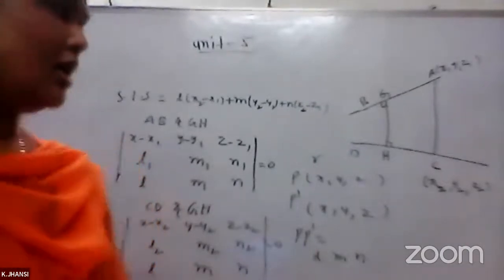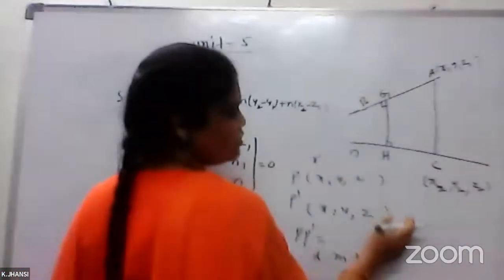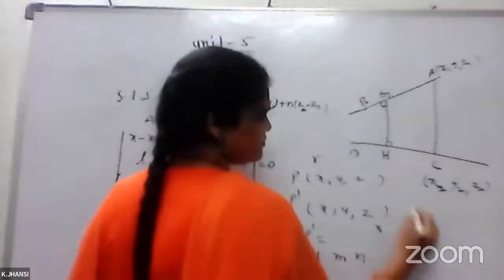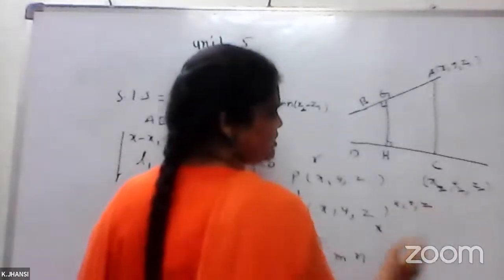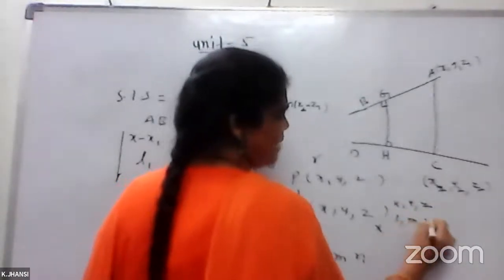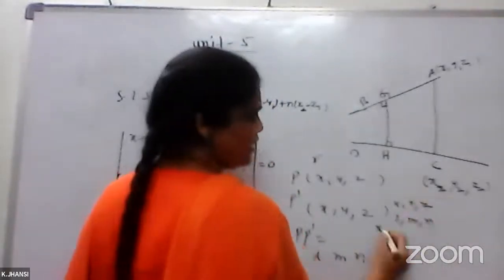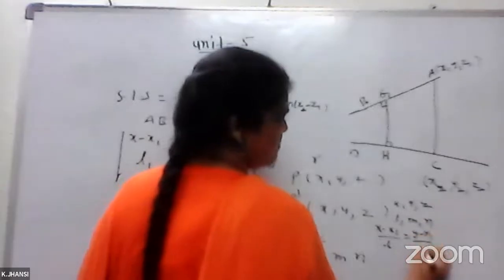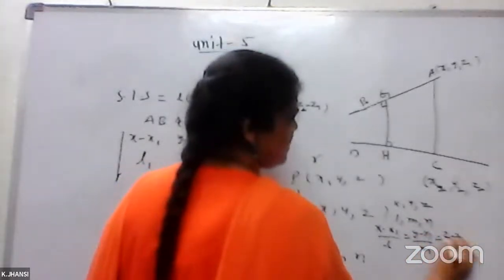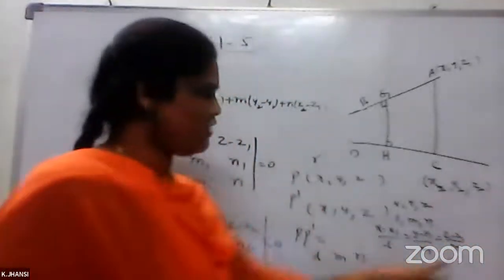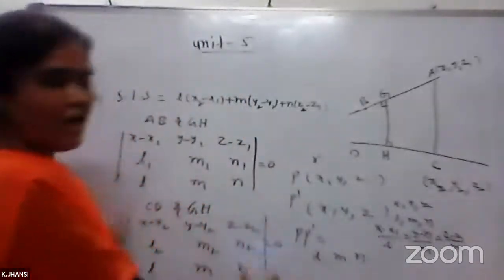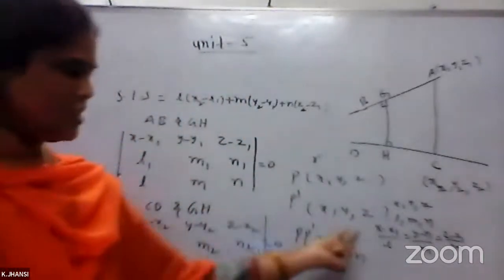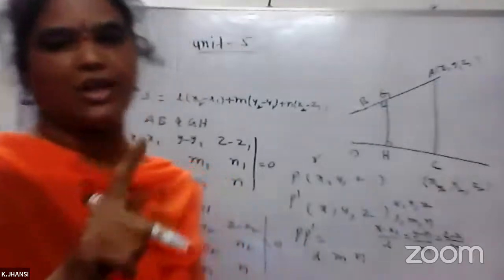If you substitute, converting from unsymmetrical to symmetrical form, you will find the x, y, z values. After that we find the L gamma, M, N values, and substitute them as L, M, and z minus z1 by N. So this is the equation. We are not substituting the values in any formulas. If you substitute like this, you will get only one line equation.